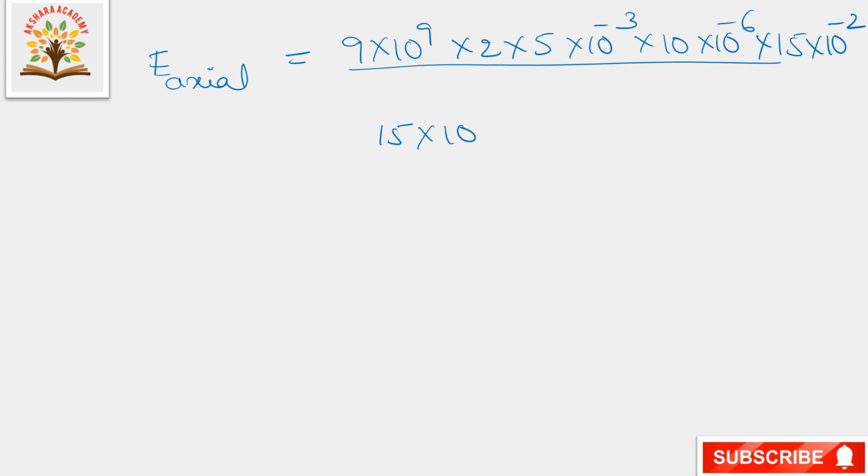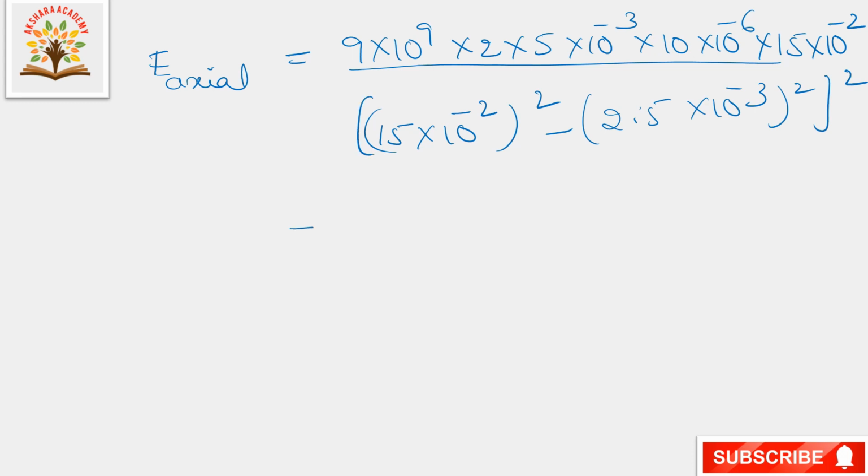R is nothing but 15 into 10 to the power of minus 2, whole square, minus a, nothing but 2.5 into 10 to the power of minus 3, whole square.